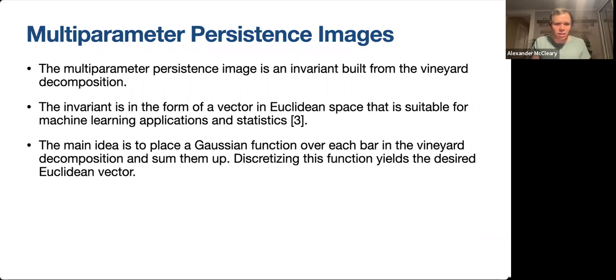The idea behind it is that we're going to place a Gaussian over each bar in the Vineyard decomposition and sum them up. Then we're going to discretize the resulting thing, and that is going to give us a vector in Euclidean space. Once we have vectors in Euclidean space, you can do machine learning stuff to them pretty easily, and statistics as well.